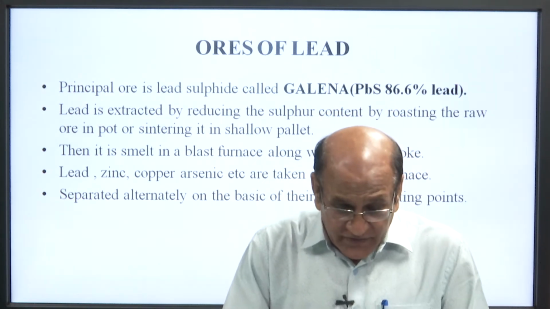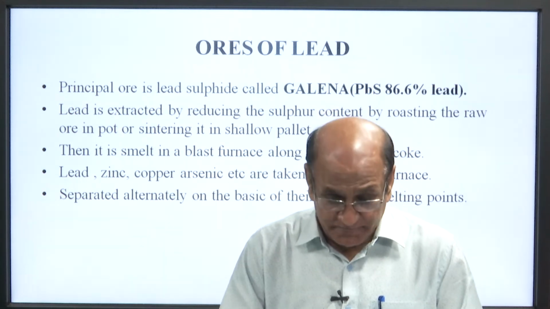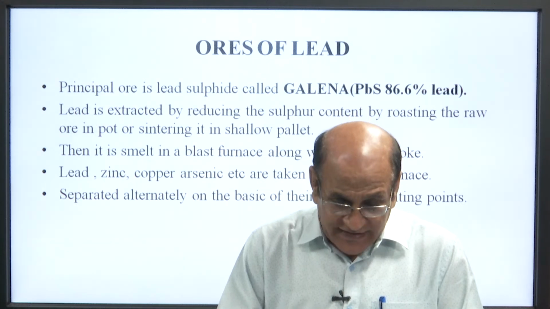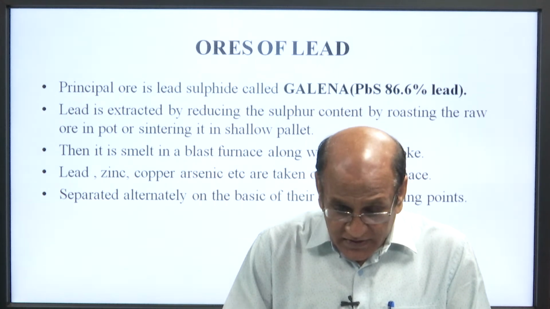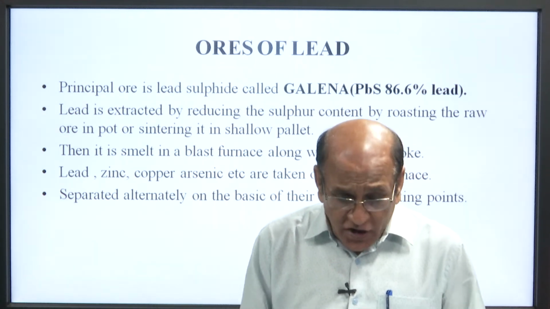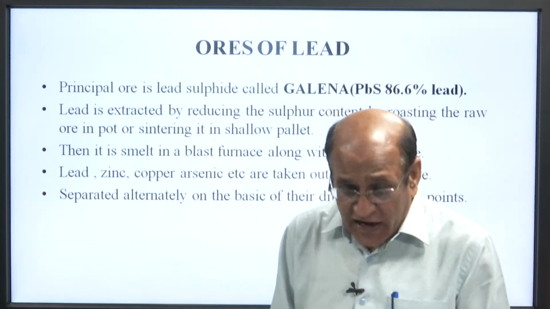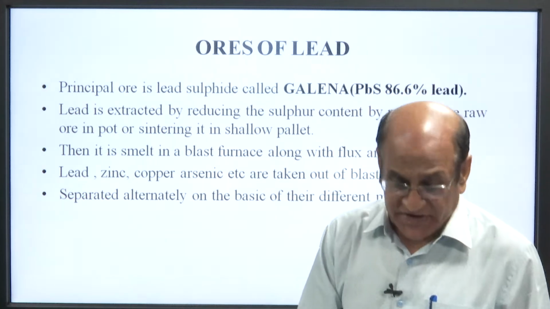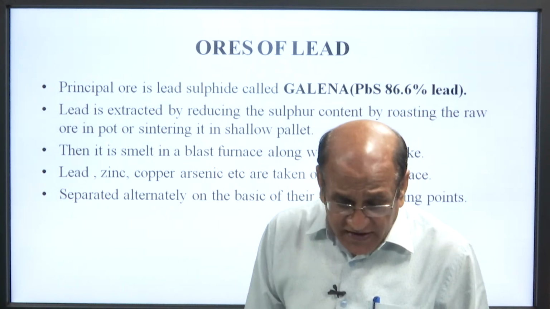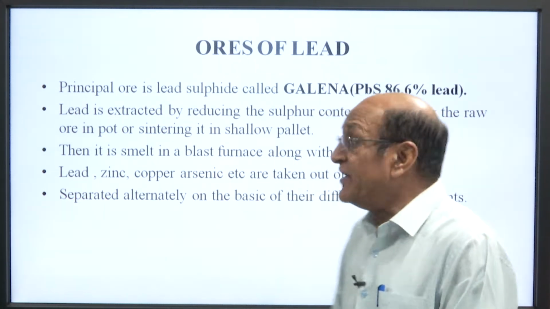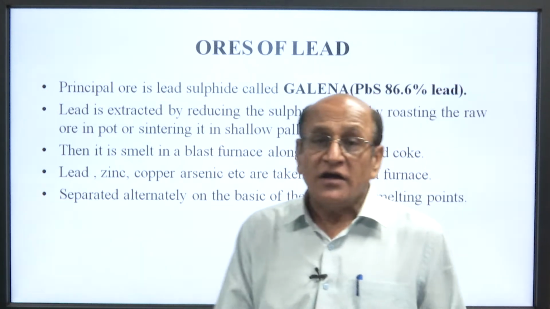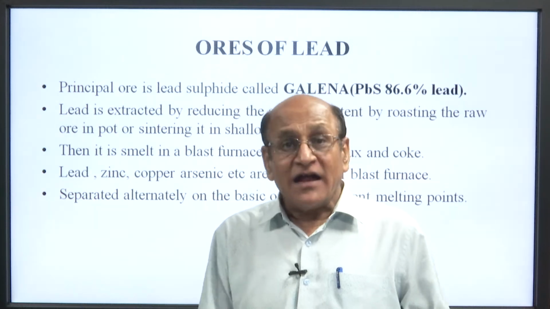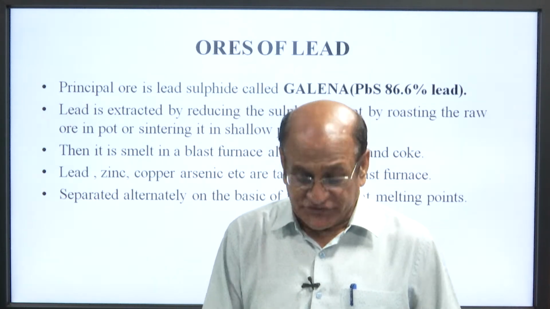Then it is smelted in a blast furnace along with flux and coke. Lead, zinc, copper and arsenic are taken out from the blast furnace at different temperatures, separated alternately on the basis of their different melting points. So, these impurities could be removed at the different melting points.